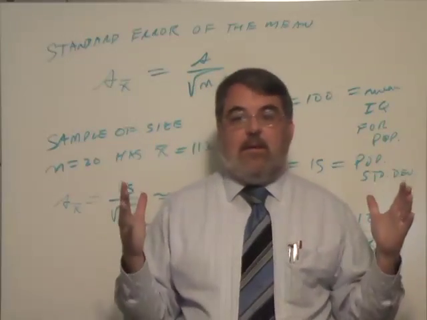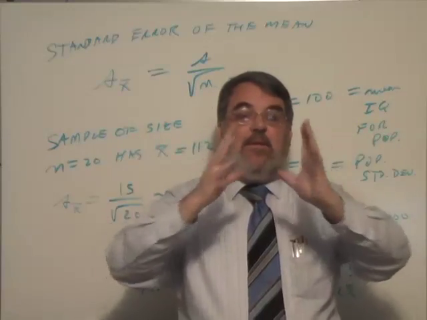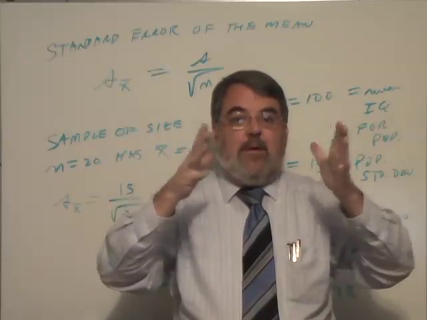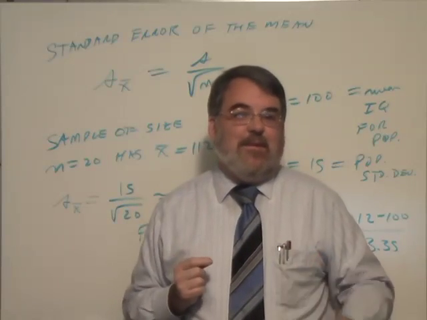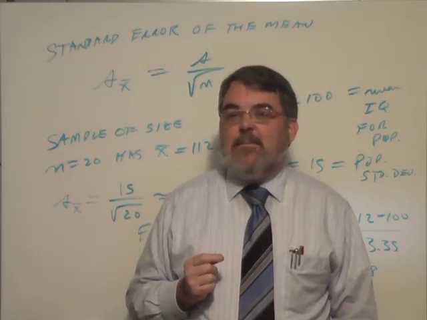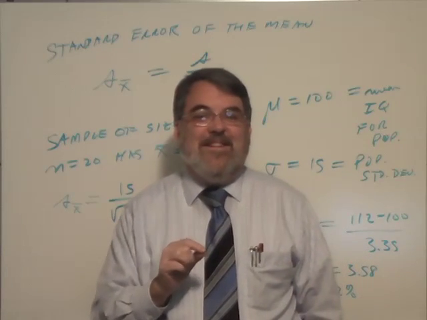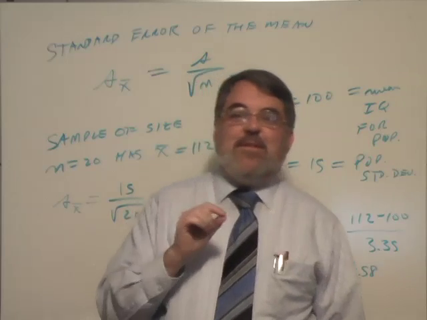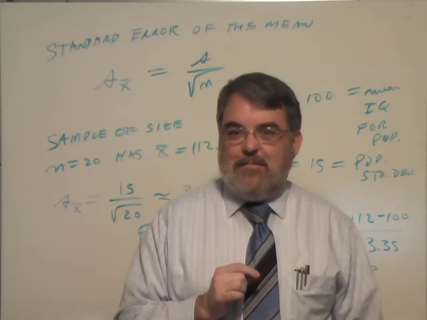How wide is the data dispersed? And hopefully you're starting to get a sense of what that means. We need to describe how far spread out the data is. And it turns out that one number tells us an awful lot. Except the standard deviation is not so interesting as the standard error of the mean, because we are interested in samples, not individuals, but sample measurements.